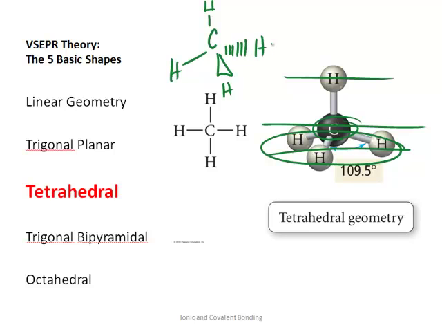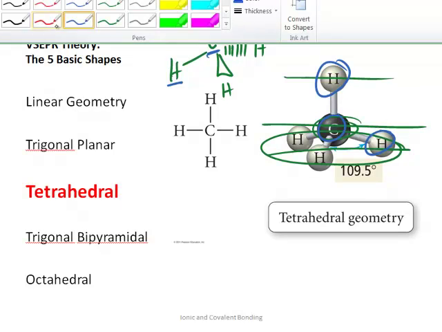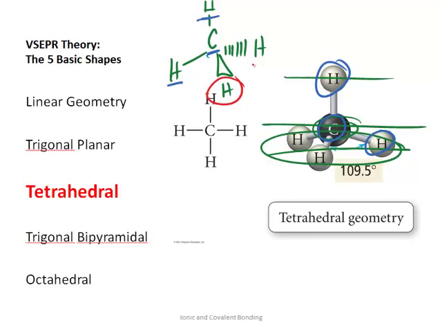Okay, so what we're trying to show you is that this hydrogen, this carbon, and this hydrogen are all in the same plane, corresponding to those atoms. This hydrogen is coming out at you, facing you, coming out of the plane of the board, as they say.